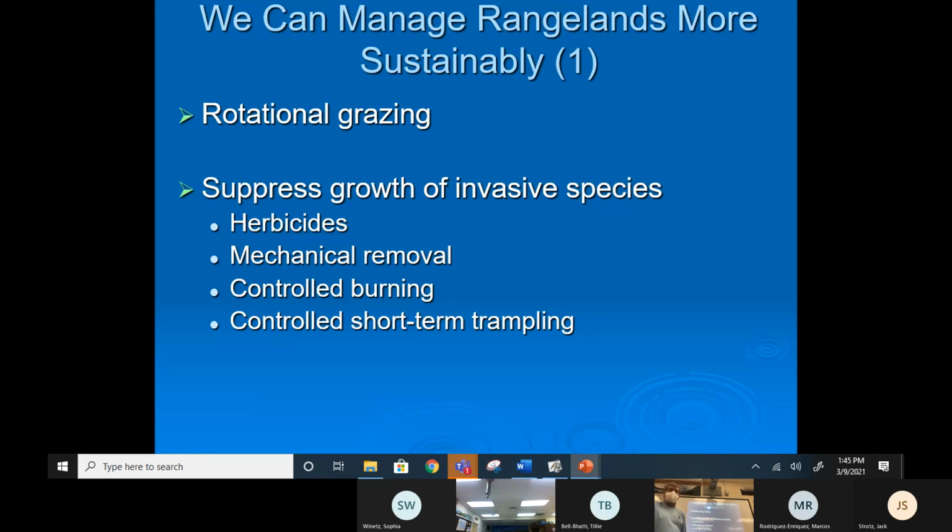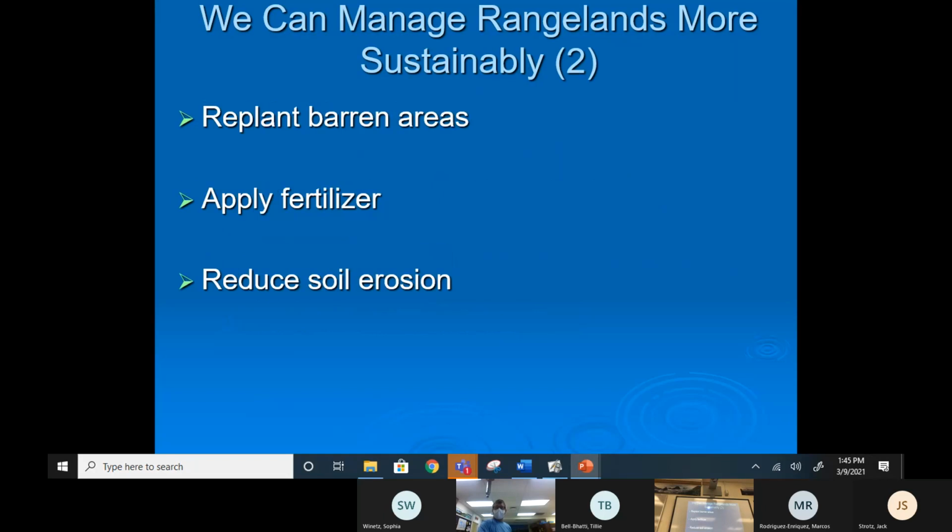You practically have to dig it up by the roots to get it out. Here's a couple other options: replant barren areas, apply fertilizer, reduce soil erosion. Maybe you would put some barriers to the movement of the soil in so it didn't get carried downhill.